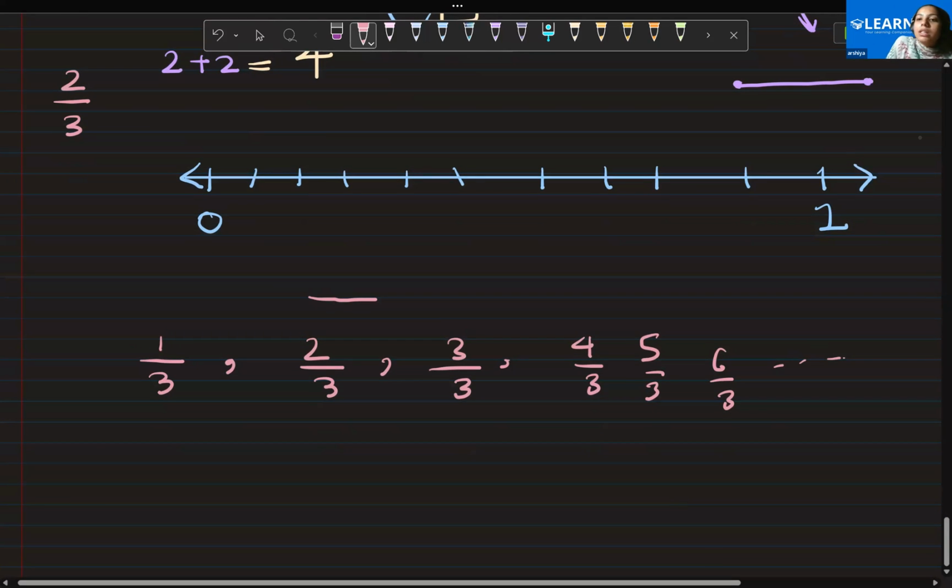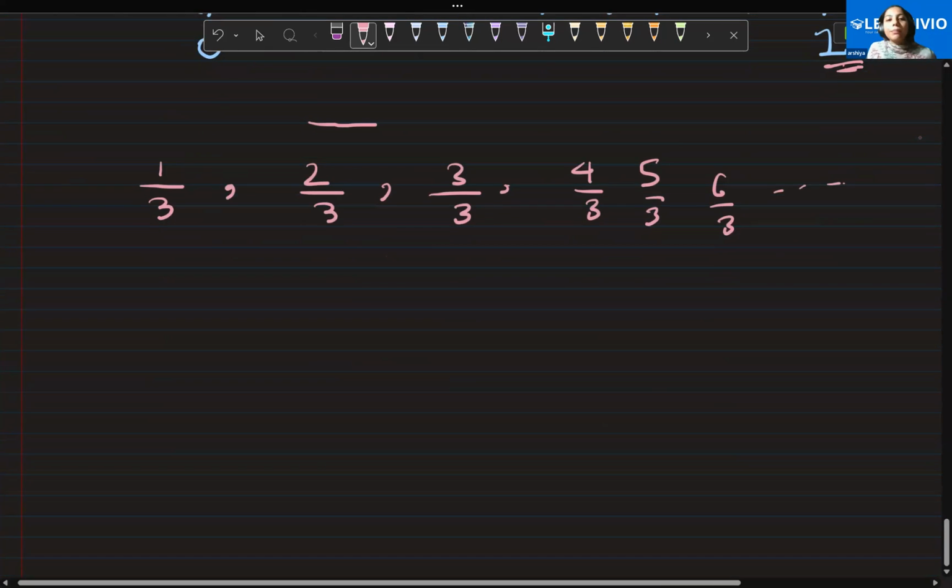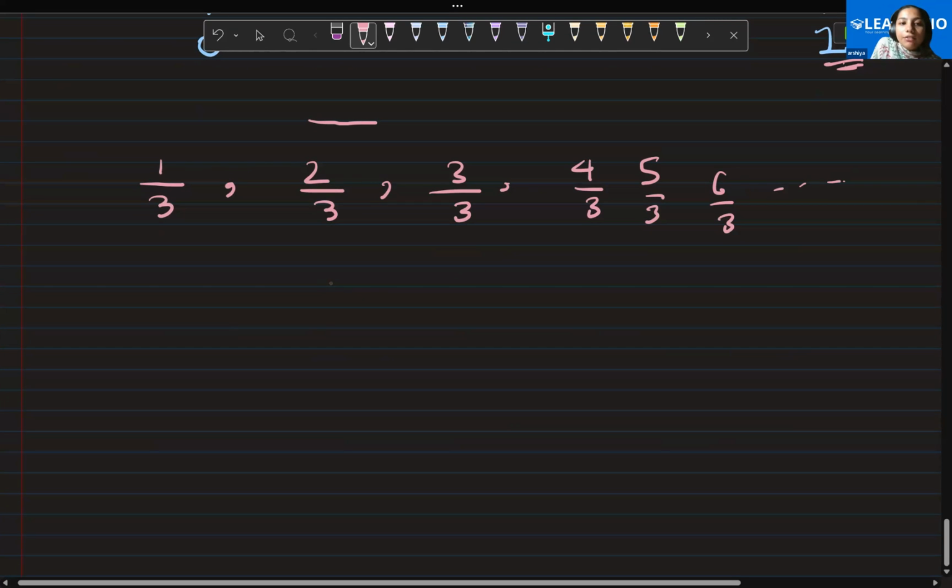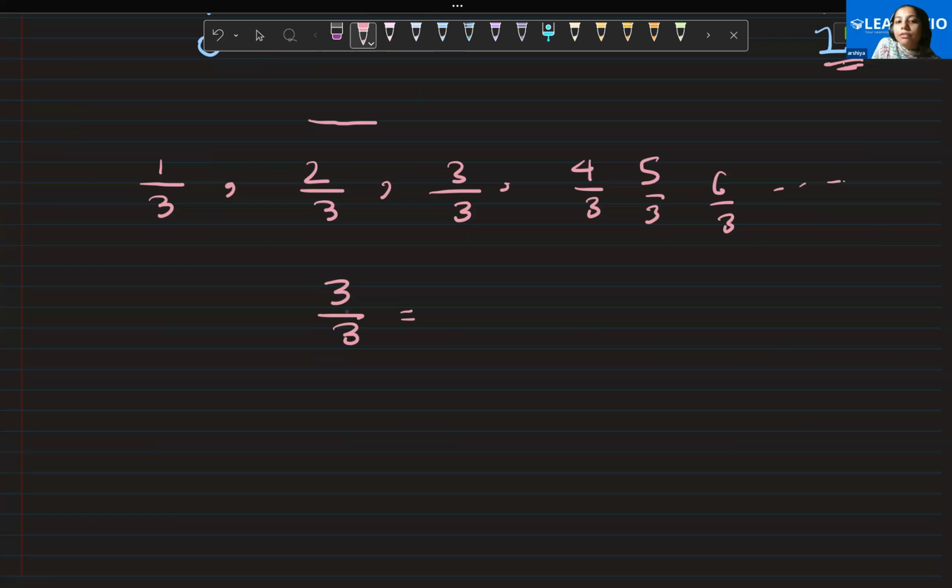Now let's talk about this 1. What's the role of this 1? If I have to write 3 by 3, remember, whenever there are two same numbers, what do we get after dividing? 3 divided by 3 gets 1.